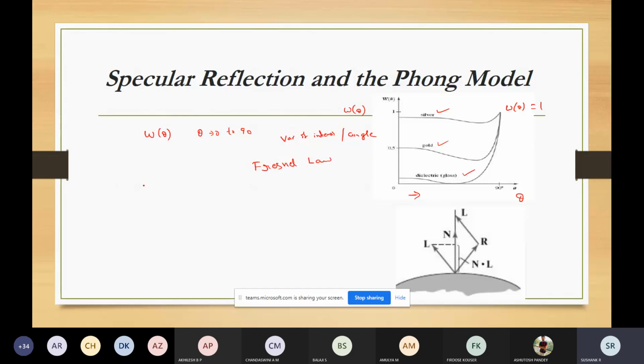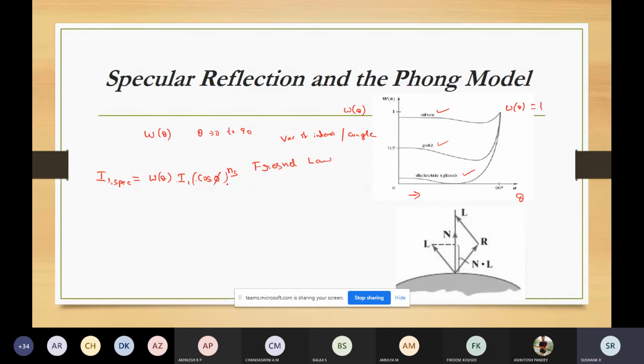That can be written as, and we have studied this in the last session also, I spec is equal to W of theta times I times cos phi to the power ns. Here I means the light intensity, whatever light is falling on the surface.